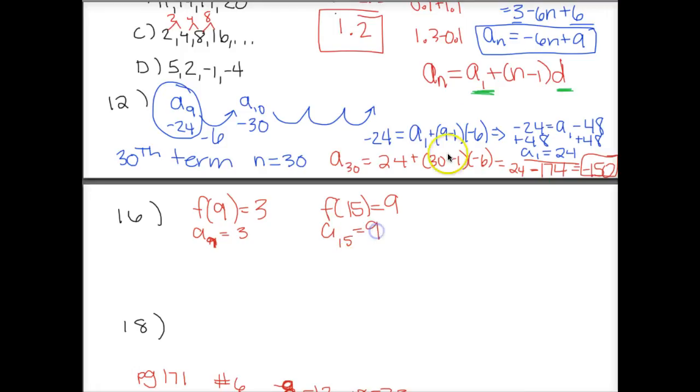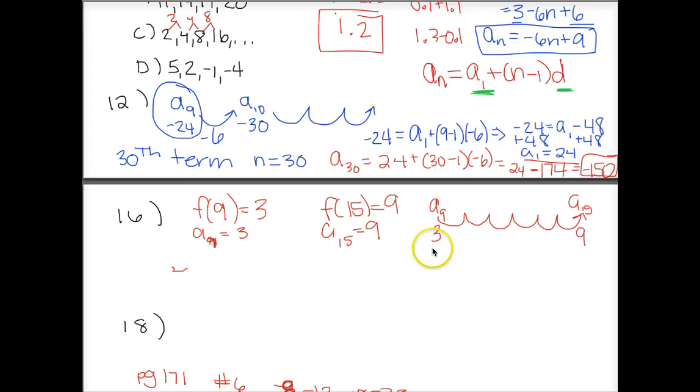So I drew a picture. I started at a sub 9. Sorry, my little pen got carried away. And then I did the common difference, kind of little swoopy things: 10, 11, 12, 13, 14, 15. So I landed at a sub 15. A sub 9 was 3, a sub 15 is 9.